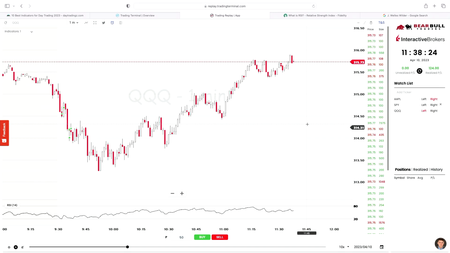It doesn't seem like that responsive of an indicator. But anyway, I keep saying VWAP. Oh my gosh, I'm sorry. The RSI. We'll be incorporating the RSI into our trading strategy from now on.